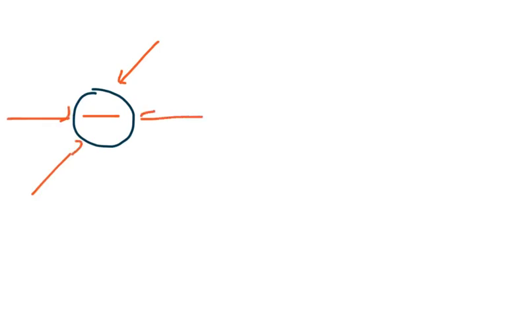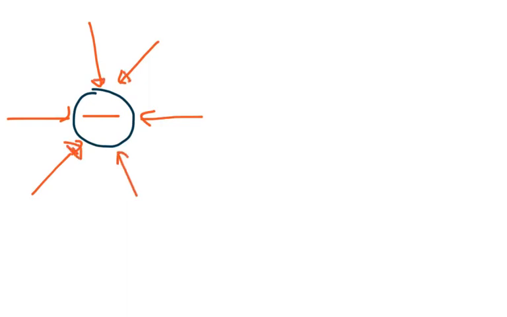Okay, so now we are going to move on and look at what happens and how this looks with the negative charge. So we know we have a negative charge. The electric field lines are going towards our charge here.